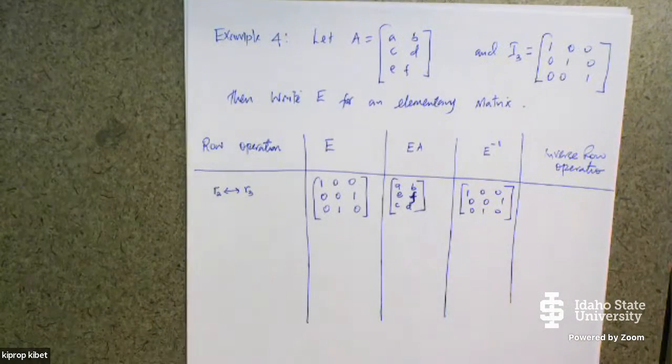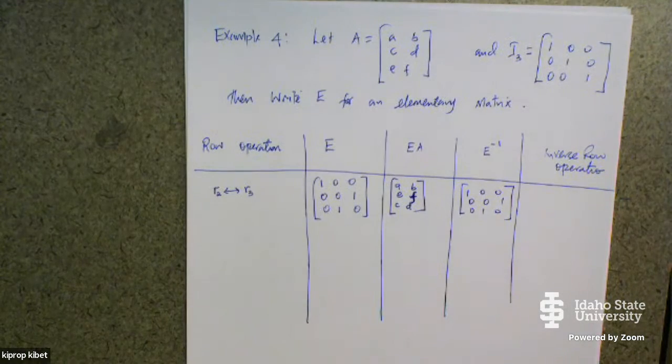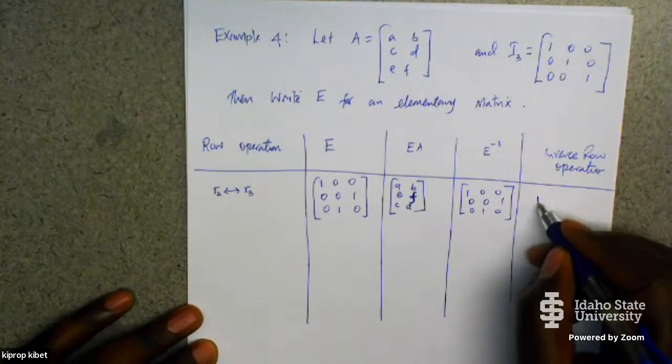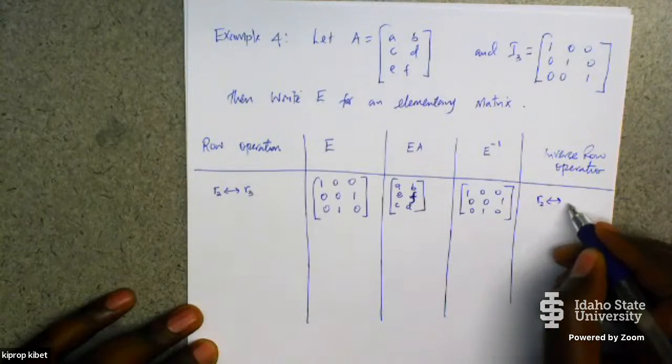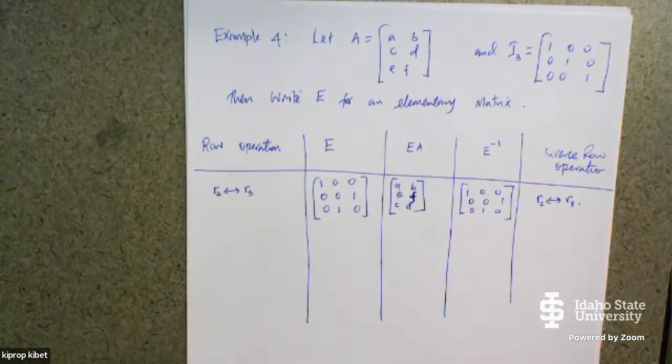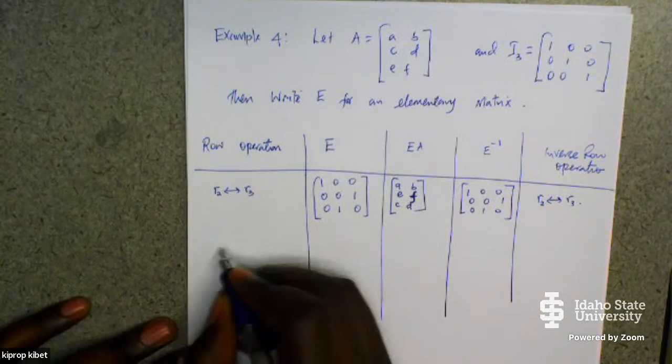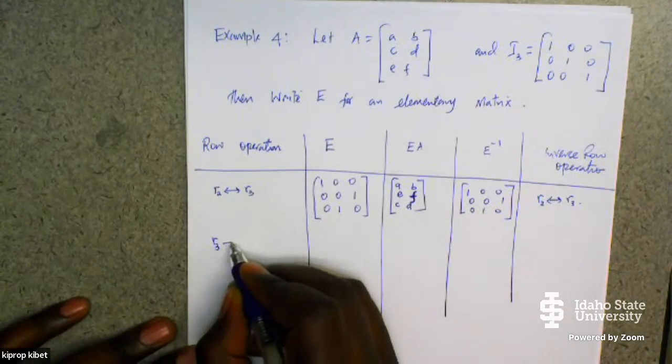The inverse will still be the same. So the inverse row operation, if you still remember, was the same thing, R2 and R3, just switching.